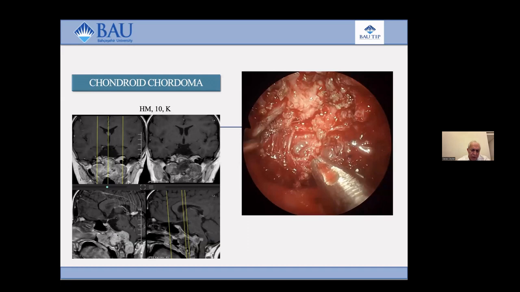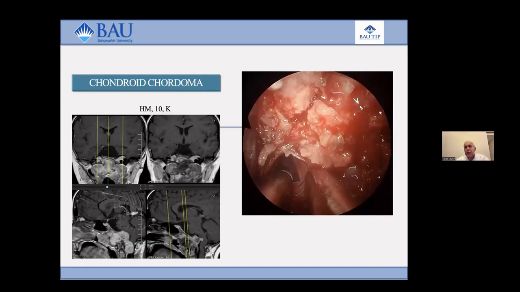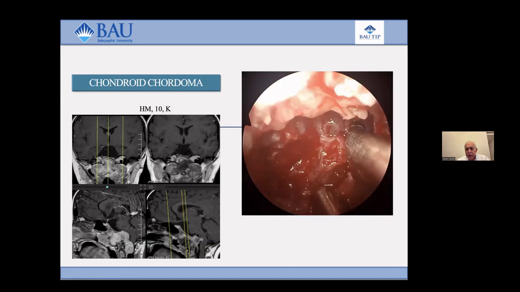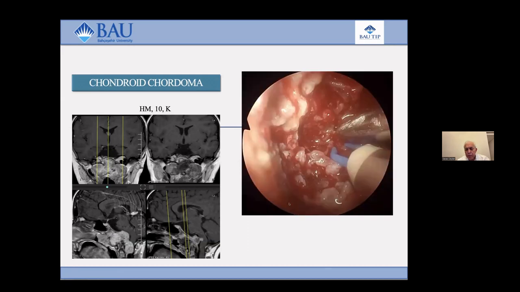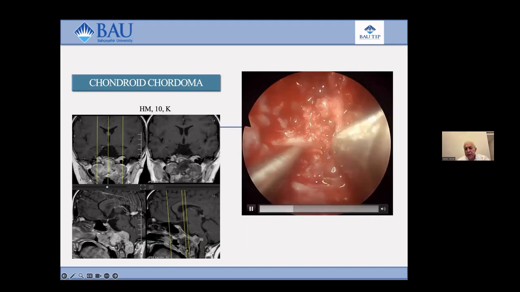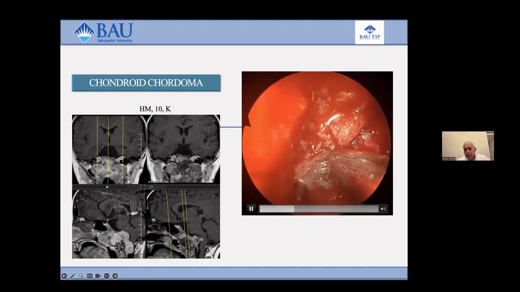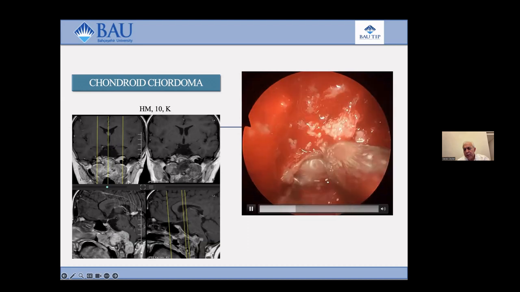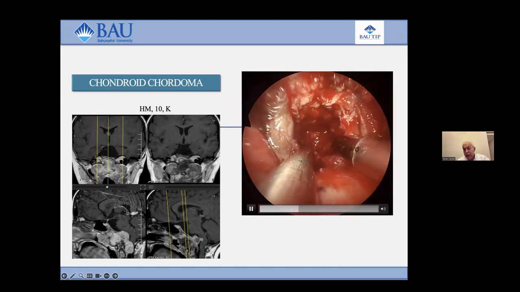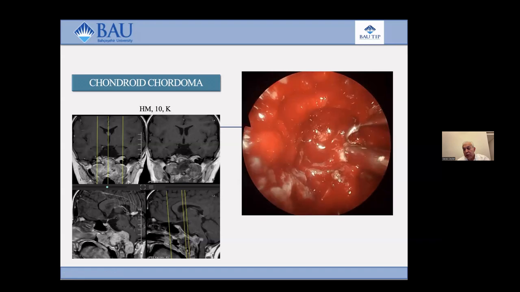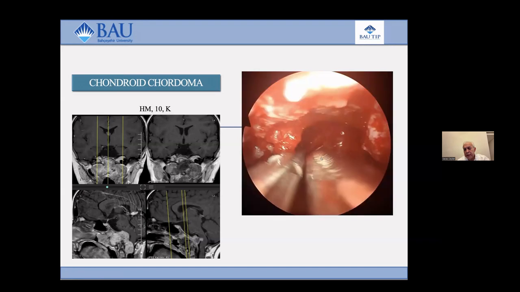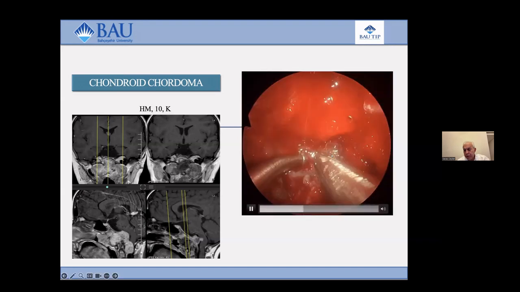Firstly, this tumor was resected with an ultrasonic aspirator and other instruments. In this case, we explored and reached the inferior part of the tumor. In this region, we explored the occipital condyle and atlanto-occipital joint. You see the atlanto-occipital joint and occipital condyle.